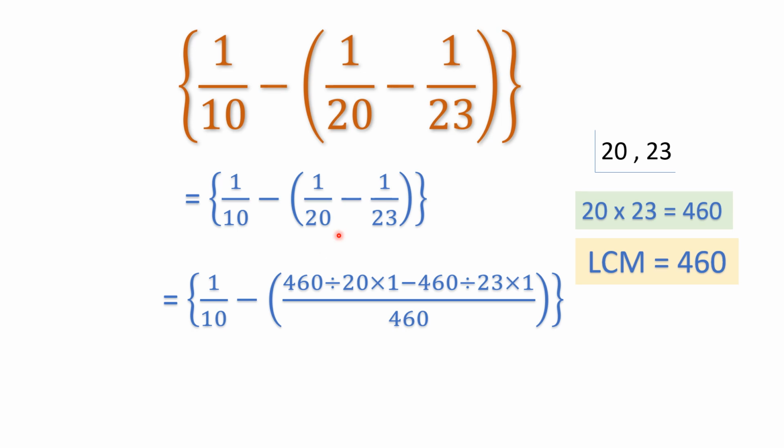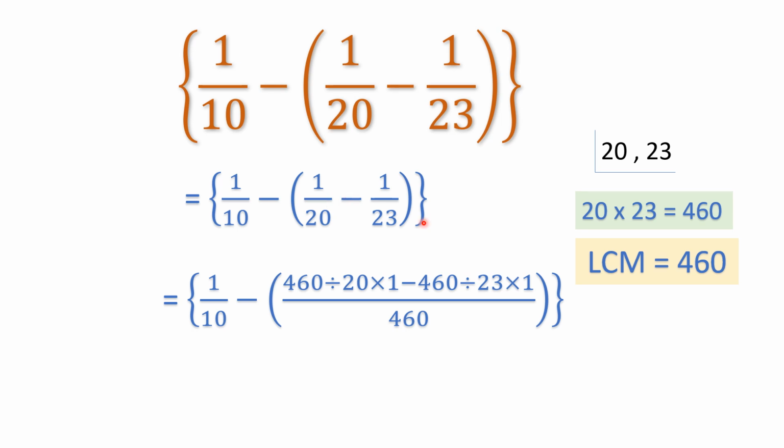Now we should find out 20 multiplied by how much is 460. We will find that by dividing 460 by 20, and then multiplying by the numerator, which is 1. So 20 multiplied by how much is 460? That answer should be multiplied to its numerator.